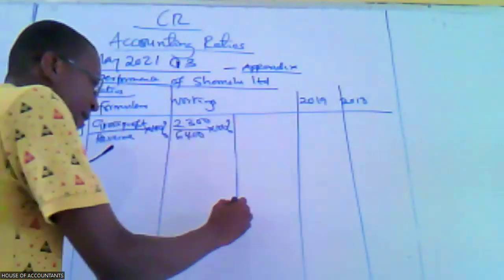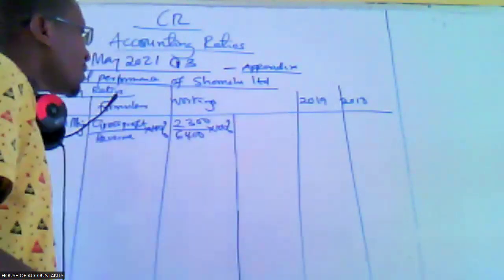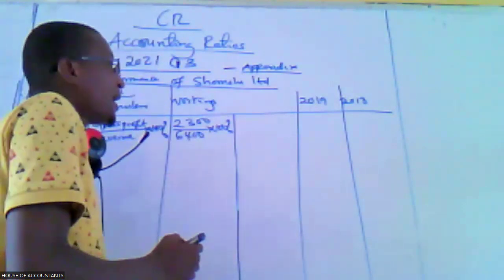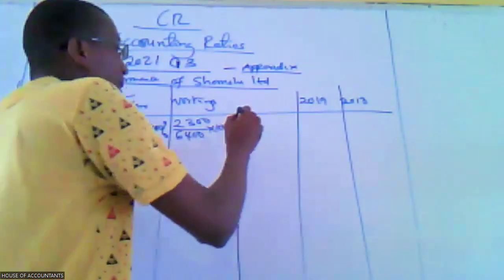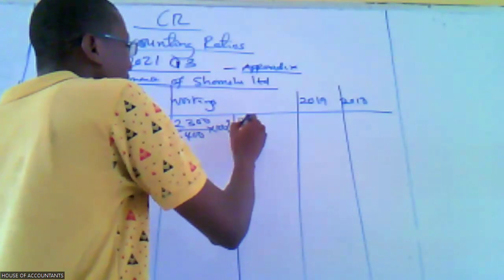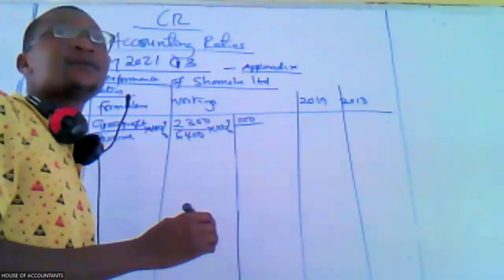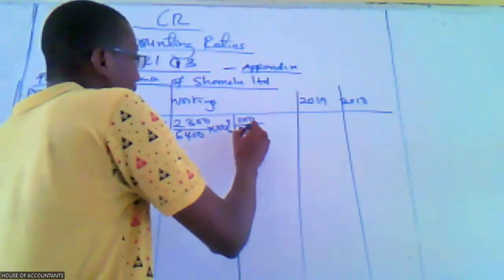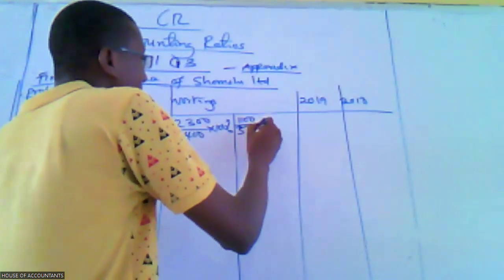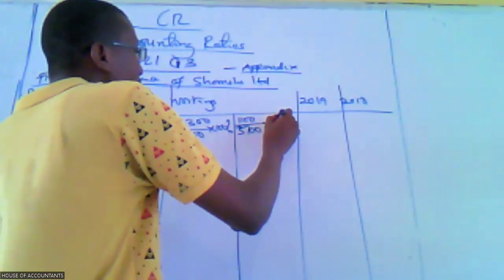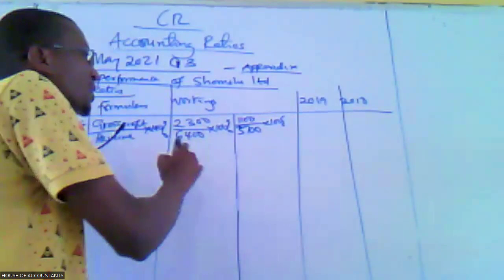Then for 2018, 1,100 over 3,700 multiplied by 100%. So what do we get for these two?